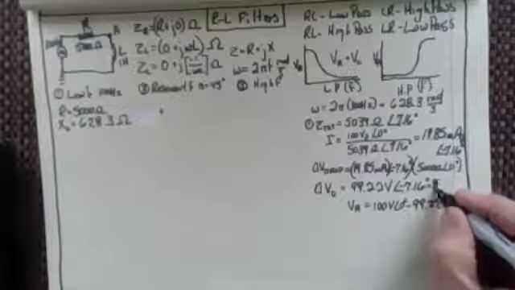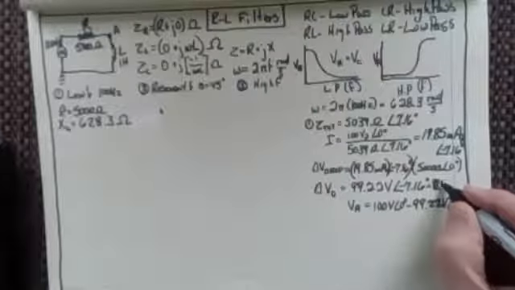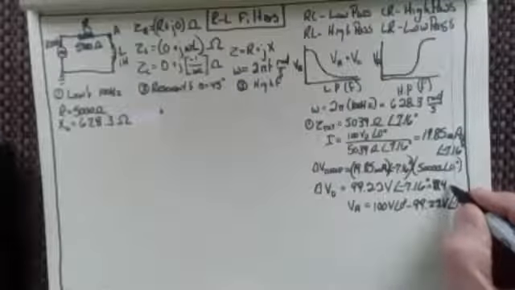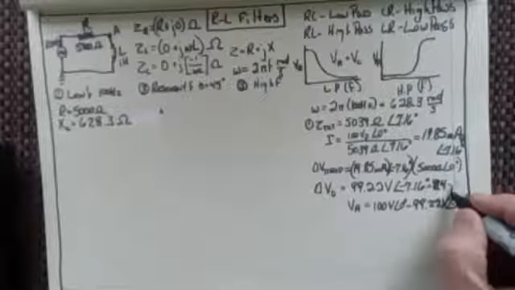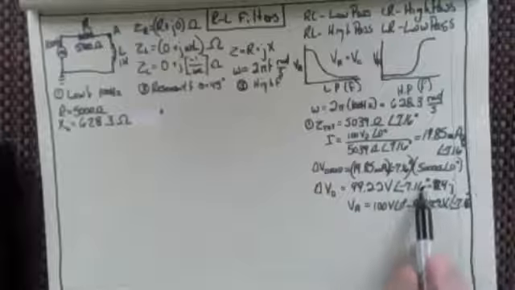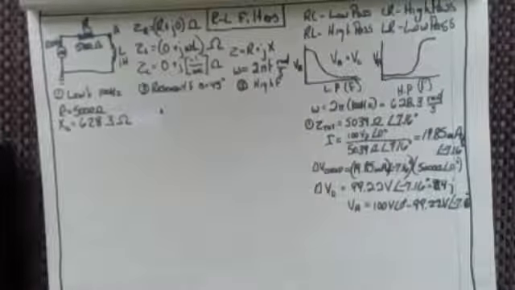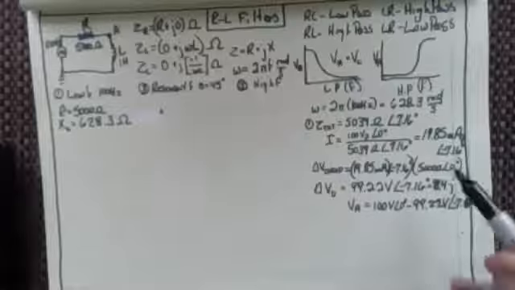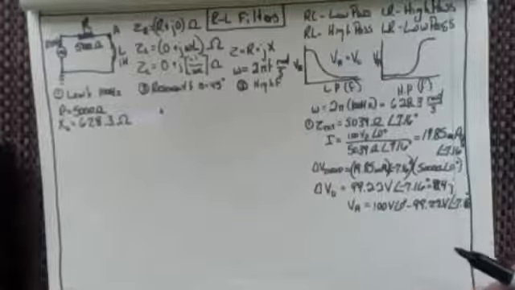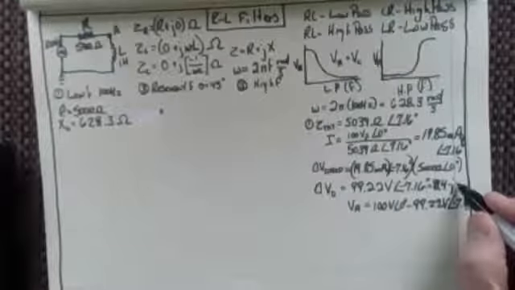This is 98.4 minus j. Why do I say minus? Because it's a minus 7.16, isn't it? So let's also do the imaginary part here, and that's going to be 12.4.